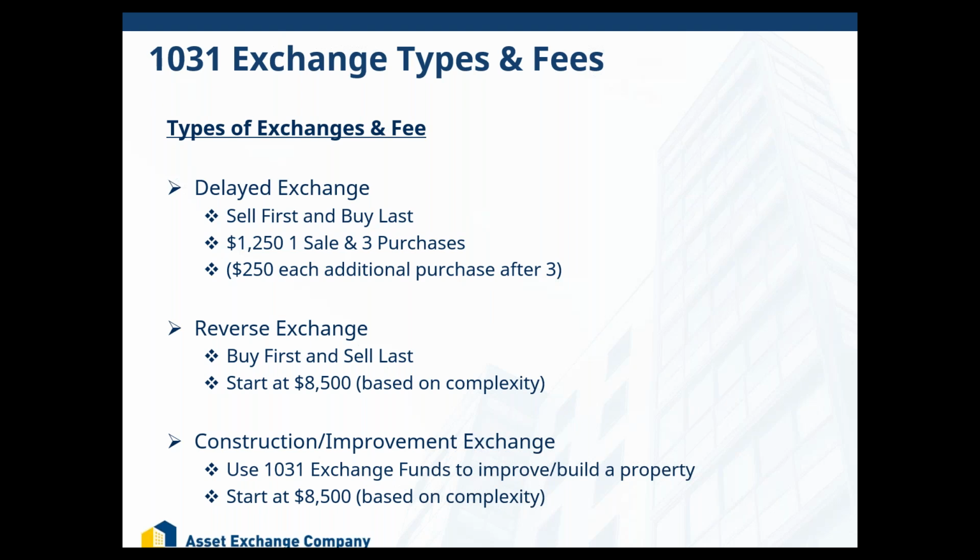But basically, the construction, improvement or build-to-suit exchange, it actually gives you the ability to make improvements to a property before acquiring it. Okay, again, they can be significantly more complicated than a delayed exchange. Same thing with reverse exchange, they can be significantly more complicated. But for the construction, improvement or build-to-suit exchanges, our fee starts off at $8,500 for those types of exchanges as well. All right.